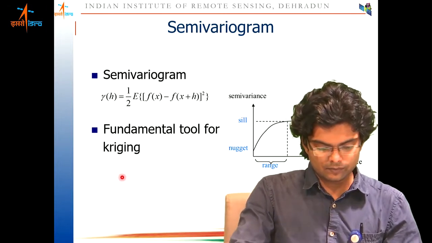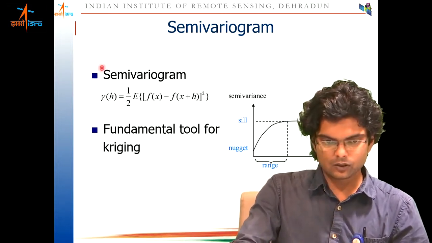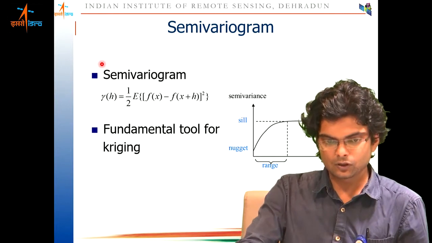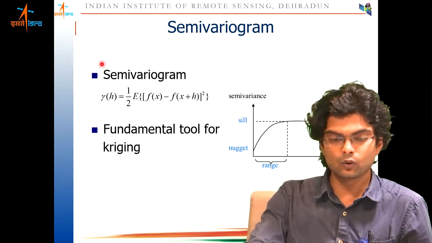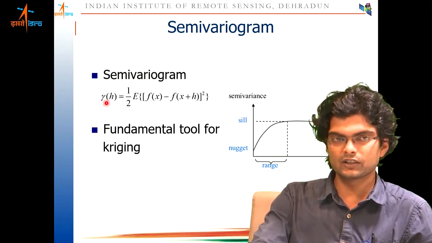Basically it is telling that your covariance should be a function of distance.